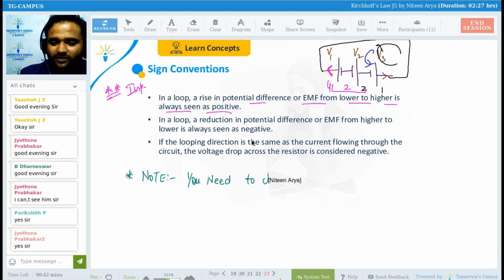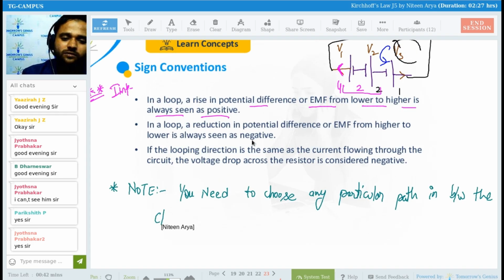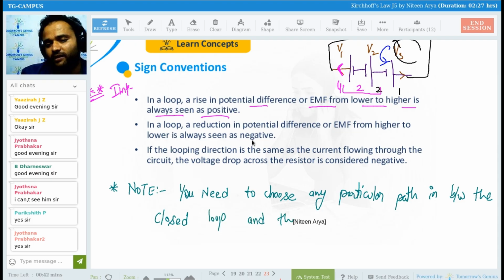You need to choose any particular path in the closed loop, and then stick with it, be with it.